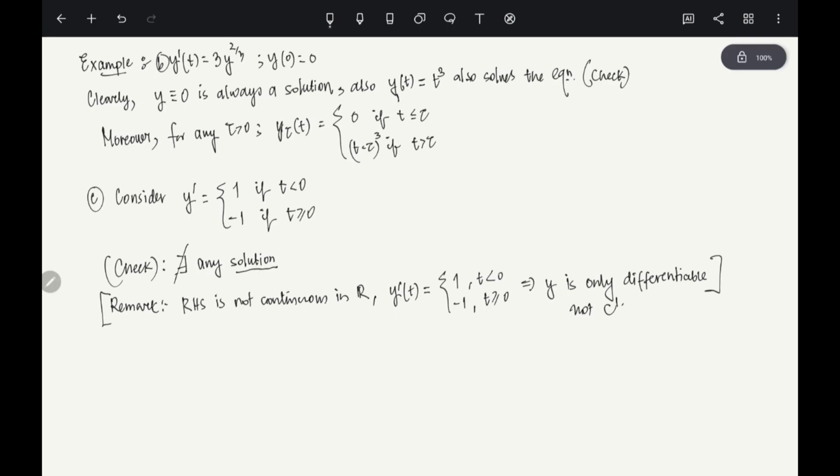Whenever I say that there does not exist any solution, by solution in this sense, I mean satisfying y at the point 0 is 0. That sort of solution, if you are looking for, there is no such solution which will be satisfied in this case. Clear? That is what I am trying to say.